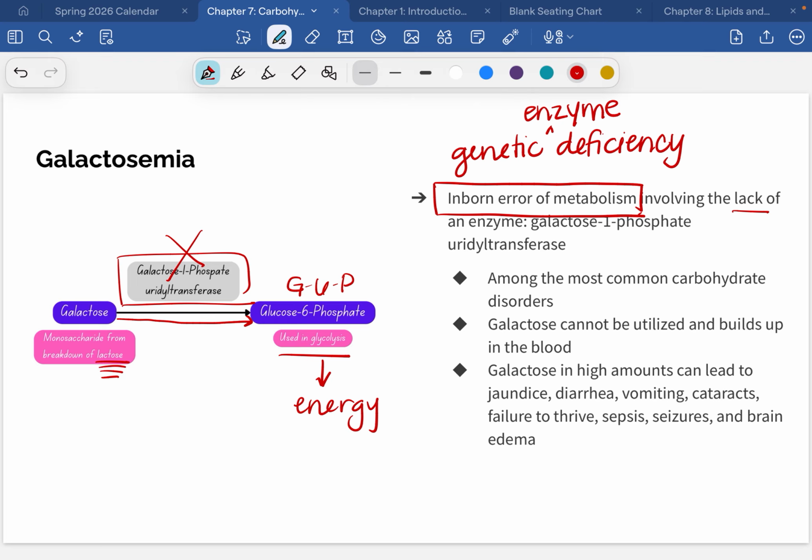This is particularly dangerous in newborns. Sorry, the storm is going outside. I'm distracted. A newborn, a baby mammal, is going to get by far most of their calories, if not all of their calories, from the lactose and galactose in breast milk or formula.